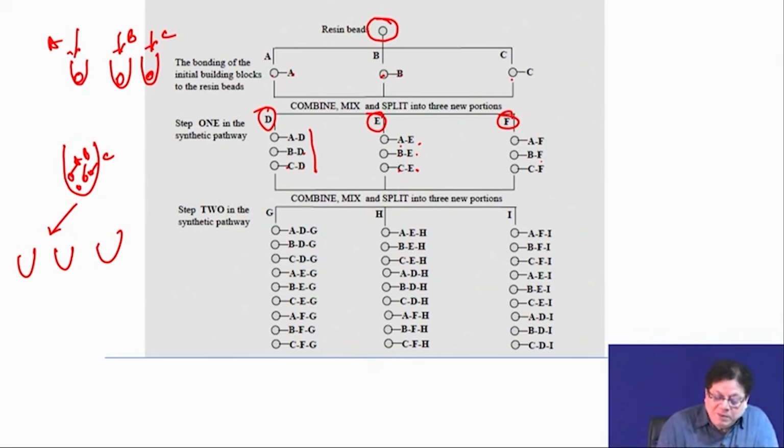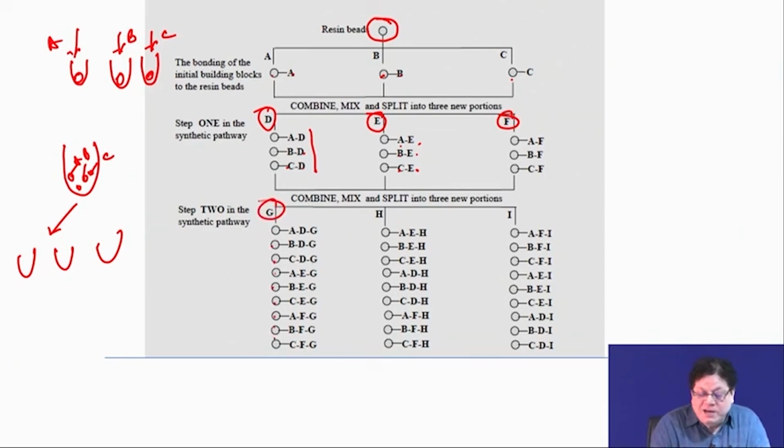Then again you mix and then split. Each test tube will have the characteristics of those earlier 3 test tubes, so all of these are there, that means there are 9: 1, 2, 3, 4, 5, 6, 7, 8, 9.